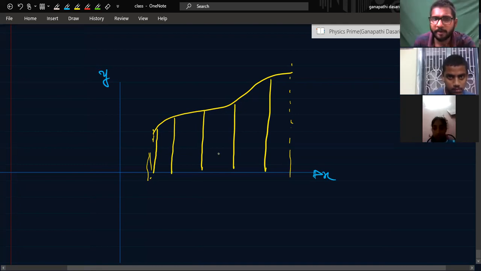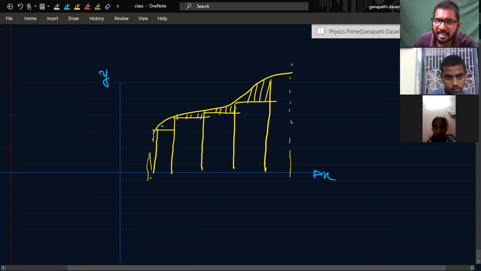No, actually, when you are adding rectangles, this area will be wasted. This area will not be calculated. If we make the rectangles very small, then the area which is lost will be very negligible. I'm making the rectangle very small, then the lost area will be very small.